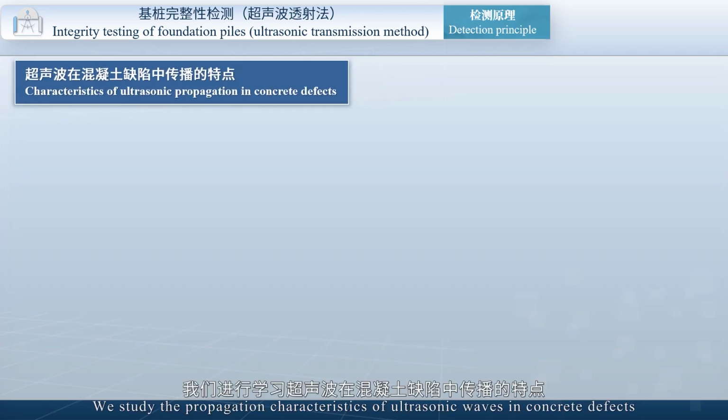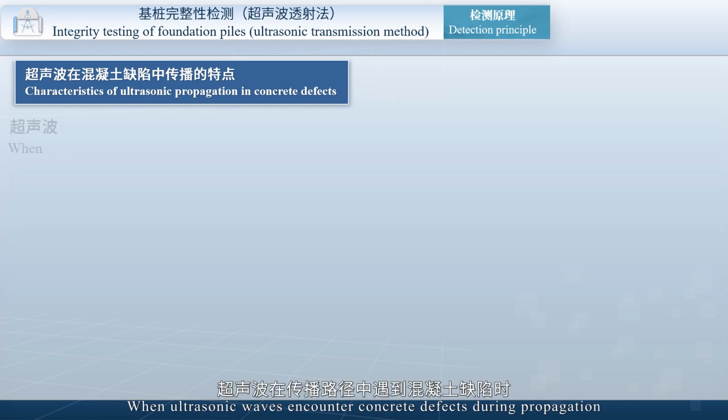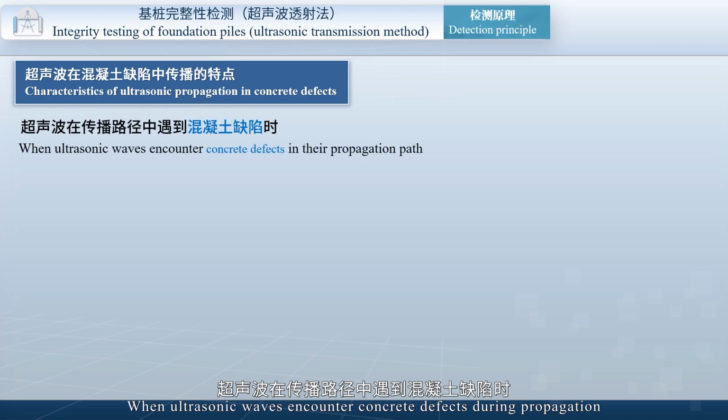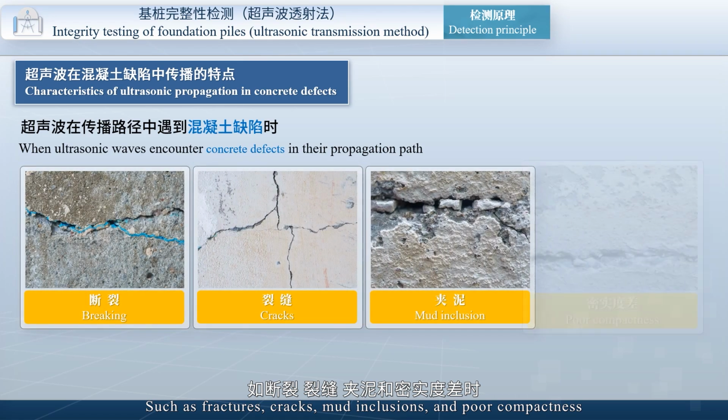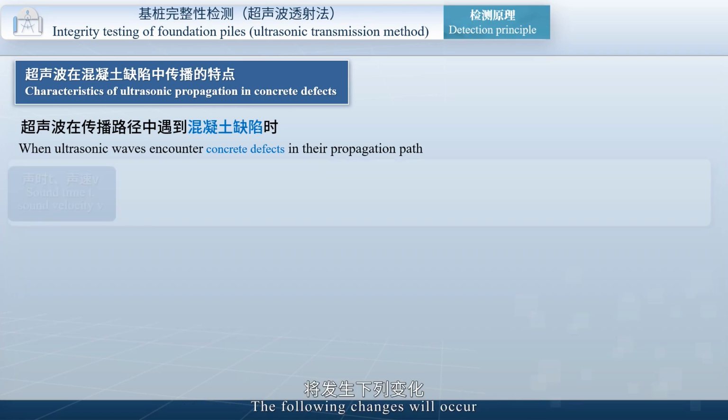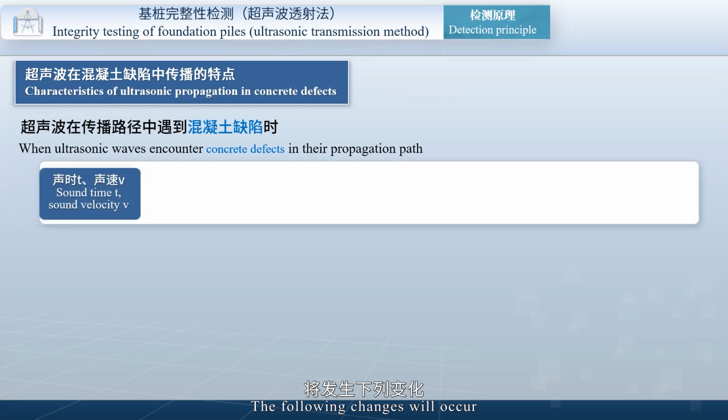Next, we study the propagation characteristics of ultrasonic waves in concrete defects. When ultrasonic waves encounter concrete defects during propagation, such as fractures, cracks, mud inclusions, and poor compactness, the following changes will occur. 1.